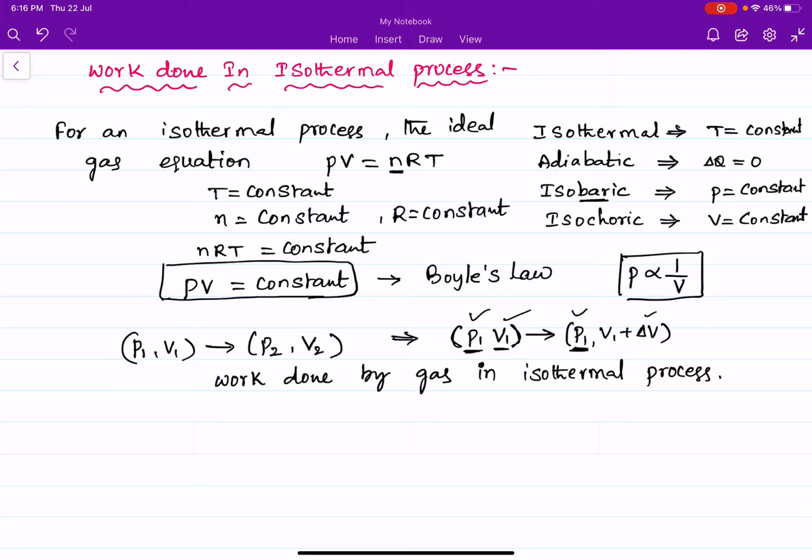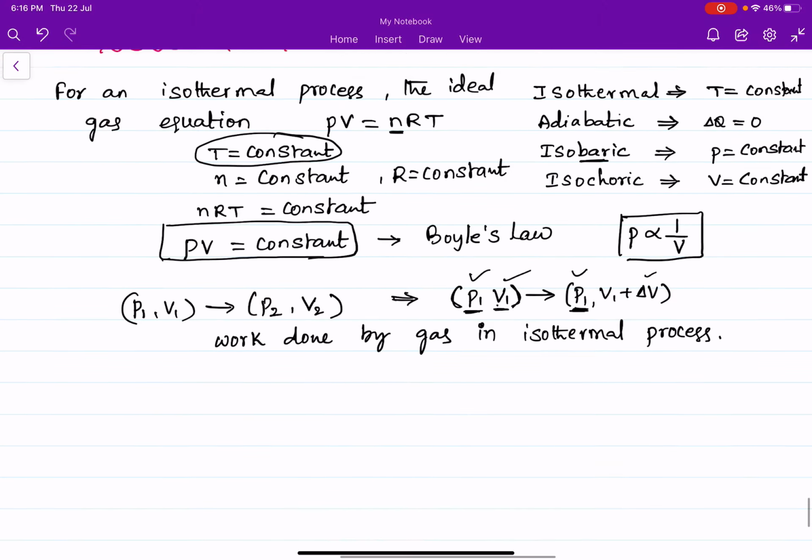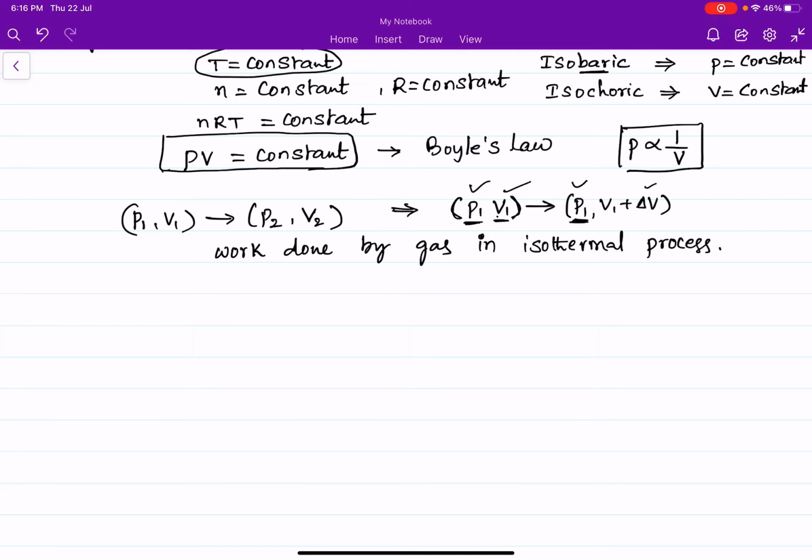In this case, only temperature remains constant. I am considering only one intermediate stage in which the pressure is P and the volume is changing from V to V plus delta V. So the change in volume is delta V. For that process, the small amount of work done is P delta V, and the process is infinitely slow.